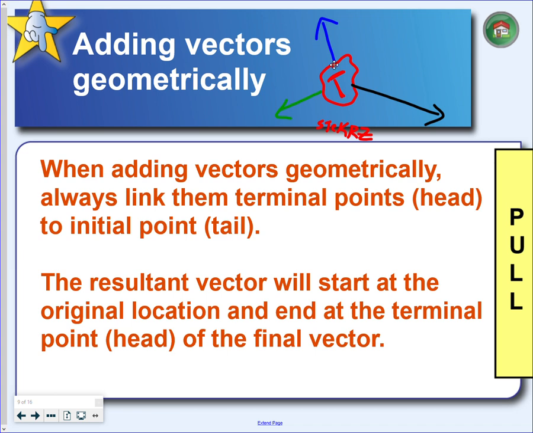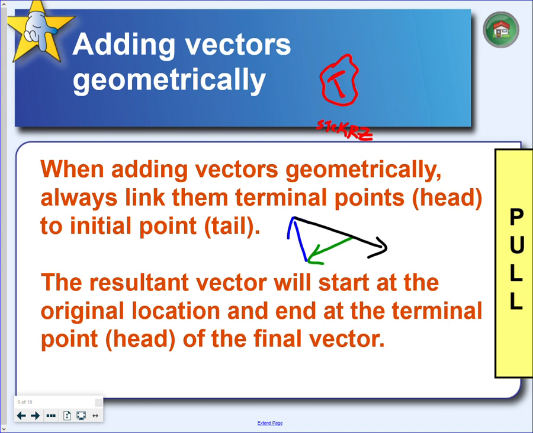And it's super fun, super cool, super easy to do. Okay? Basically, all I'm going to do is I'm going to link them from terminal point to initial point. Okay? So what I'll do is I'll take this doggo, I'll take the next doggo, and put that right there. Third doggo is going to take that right there.